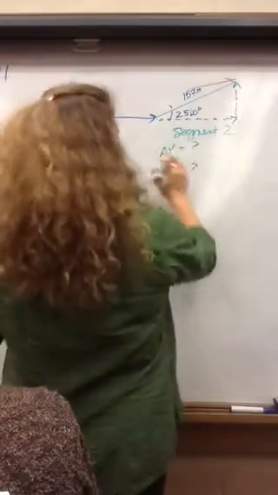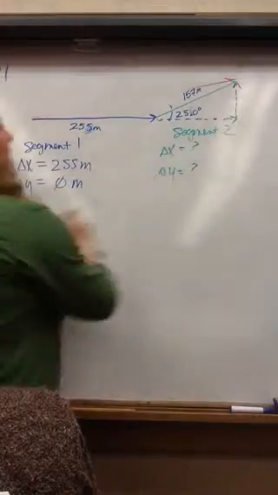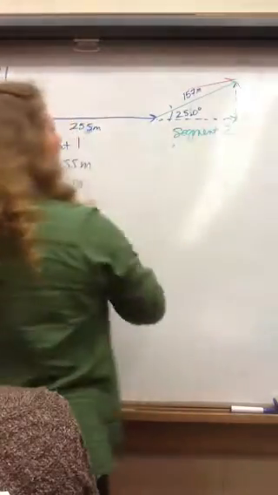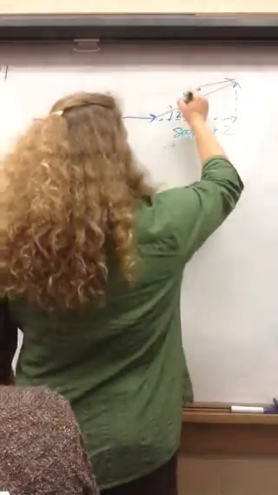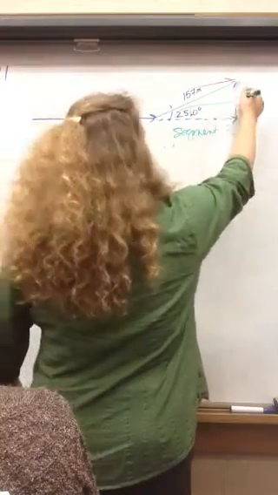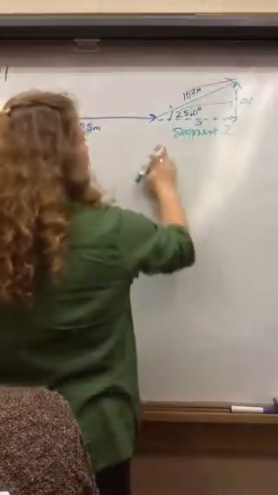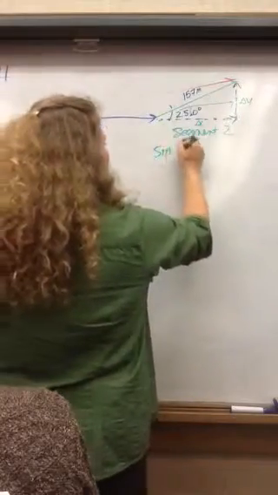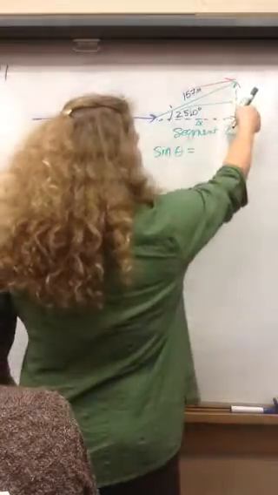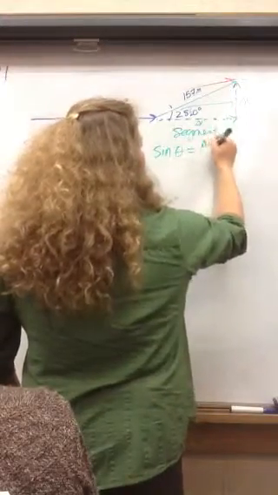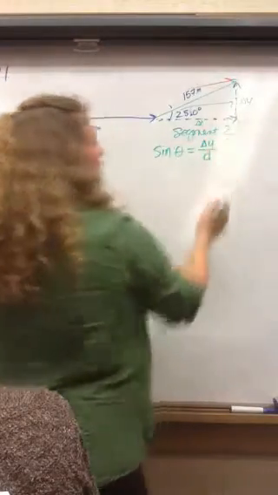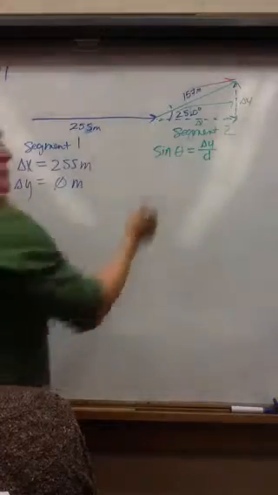Okay, so what we know is that the angle is 25 degrees. If we take the opposite, here's our delta y, here's our delta x. So the sine of theta is equal to delta y over our overall displacement for that segment.